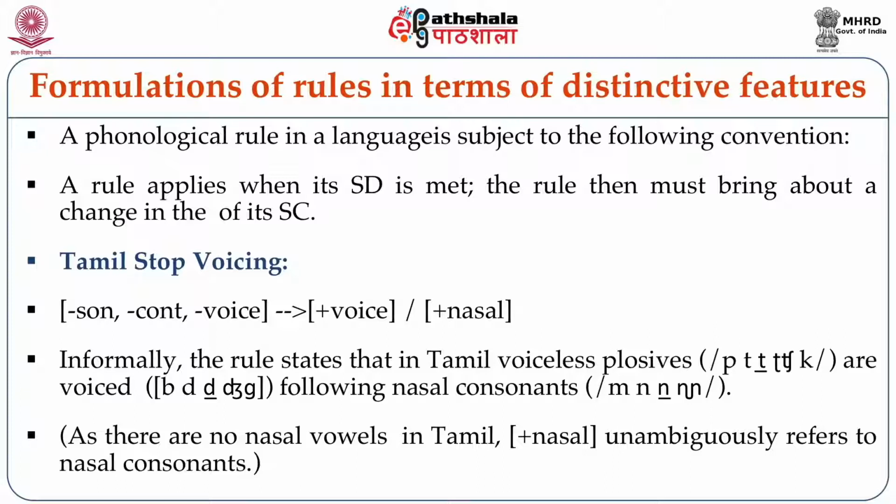Compared to this, think of how you will write such a rule using segmental symbols. So you will say, let us say, ba, da, ga in a language, they become pa, ta, ka, and then you will say at the end of words.